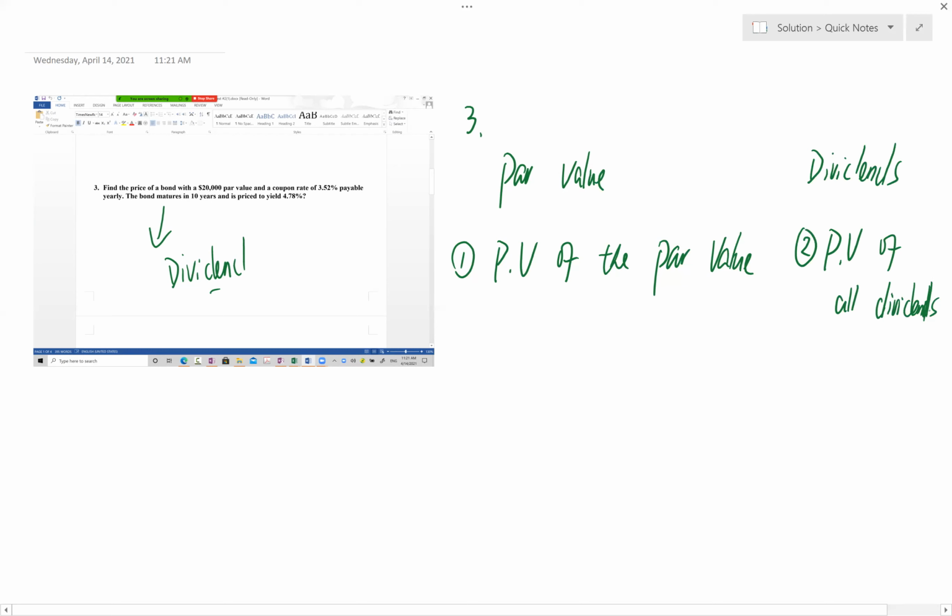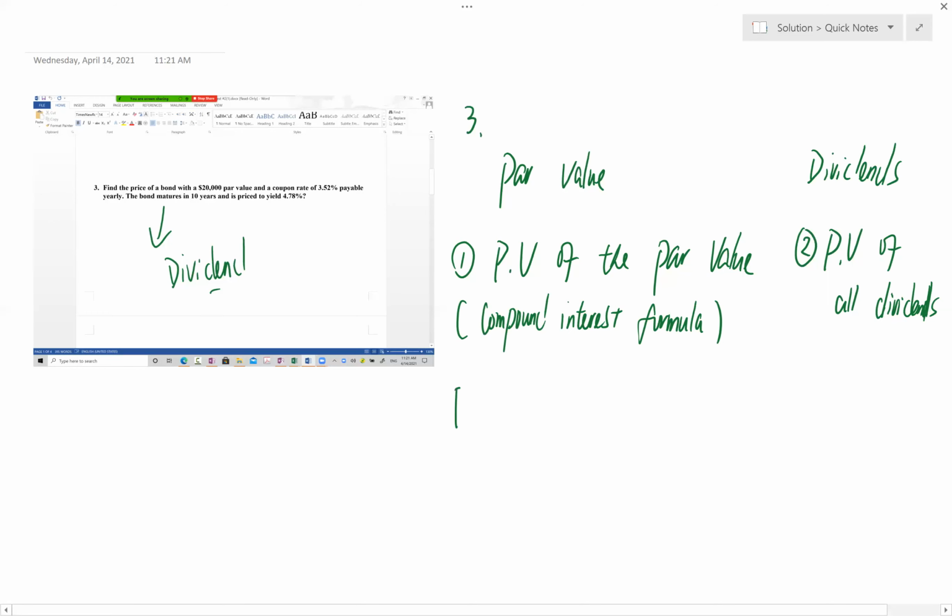So for the present value of the par value, we use the compound interest formula. Just like the zero coupon bond, right? You only need to find the present value of that par value using the compound interest formula. And let's see what we have.